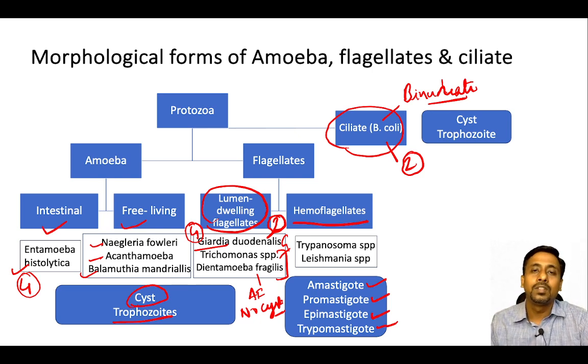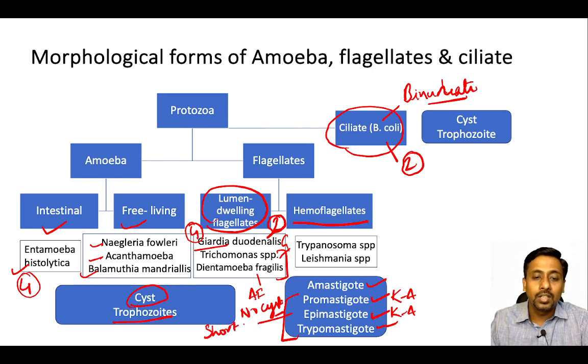On the basis of the position of the kinetoplast, we identify the rest 3 stages, that is promastigote, epimastigote, and trypomastigote. In promastigote, the kinetoplast is anterior to the nucleus. In epimastigote, the kinetoplast is again anterior to the nucleus, but slightly posterior compared to promastigote, and it also has a short undulating membrane through which the flagella runs before coming out from the anterior end.